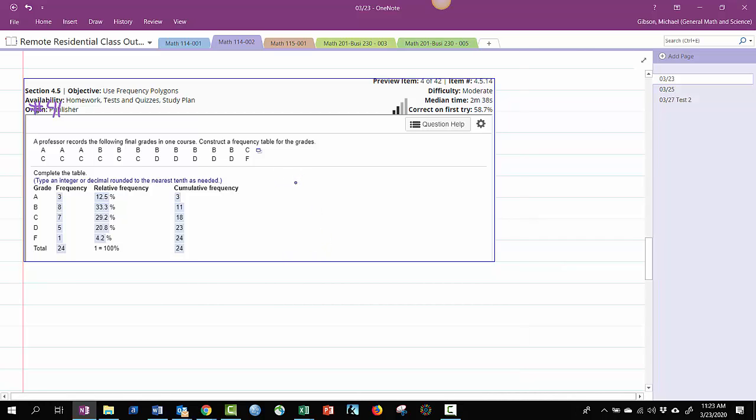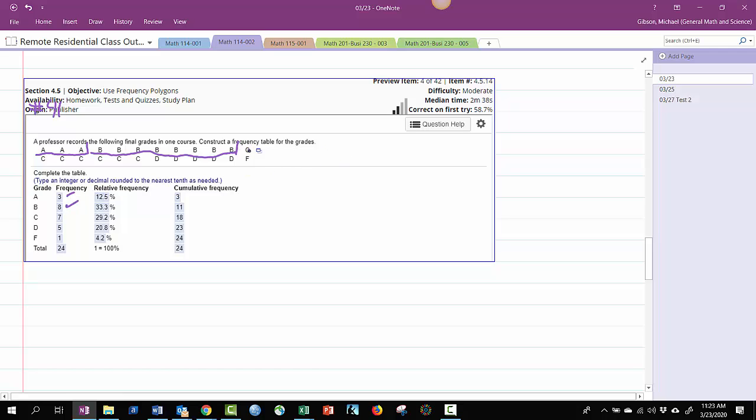In a lot of ways, this was mostly about just remembering what the definitions are. Right? So let's look at the frequency column first. They're nice on this one in that they sorted them in order, right? So there's my A's, there's 3 A's. There's my B's. Counting that up, there's 8 B's.